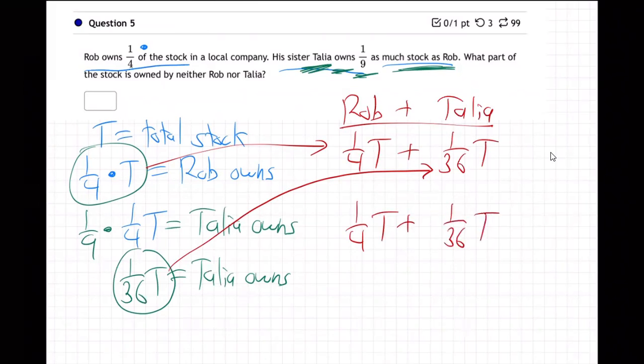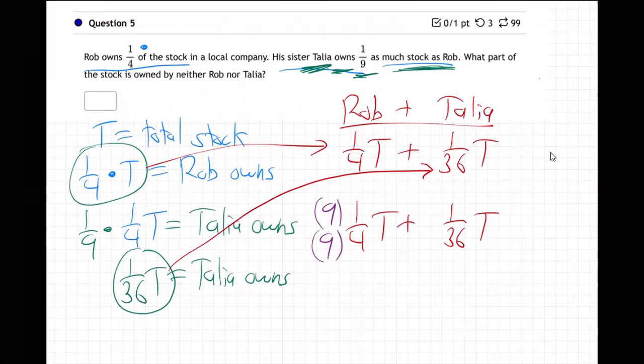So how am I going to add those two together? What do I have to do? You have to find the common denominator. Yeah, we got to have a common denominator, don't we?